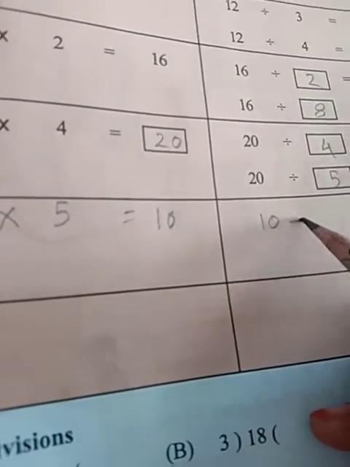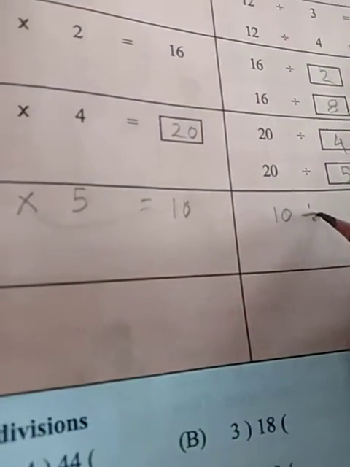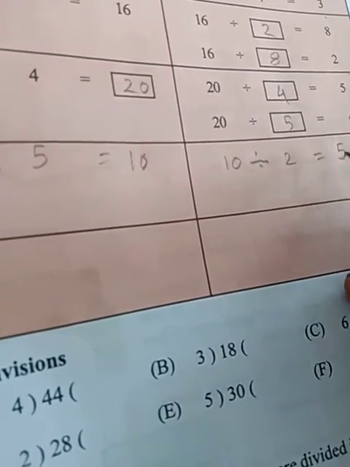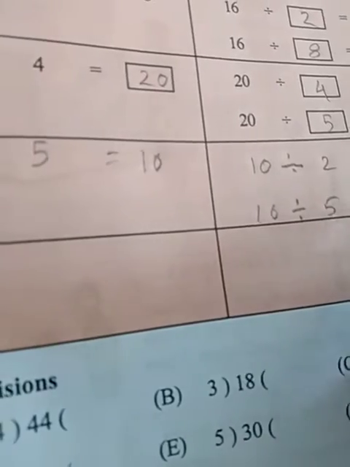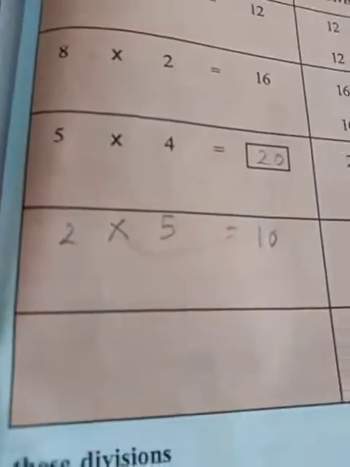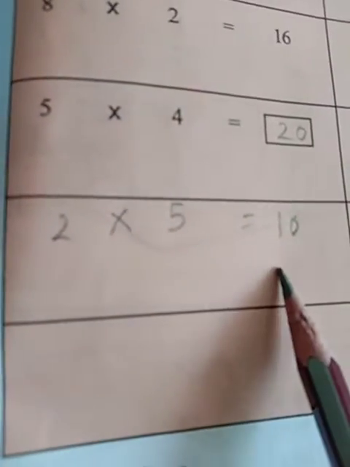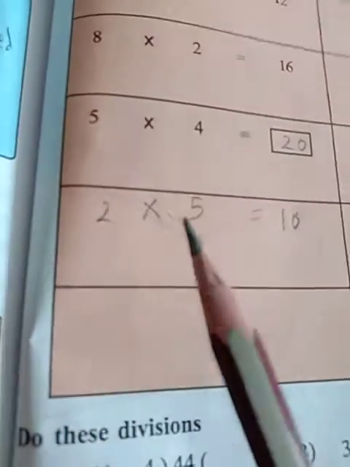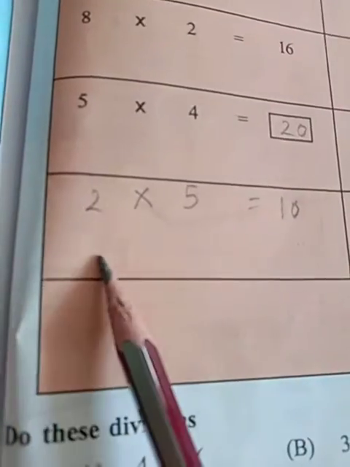So 10 divided by 2 equals 5. 10 divided by 5 equals 2. Understand, children? How to write multiplication facts in division forms? 2 fives are 10. So 10 divided by 2 equals 5. 10 divided by 5 equals 2.